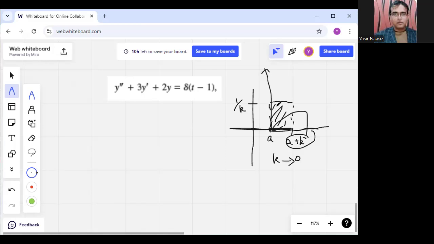So the area still remains 1. That is called the unit impulse.